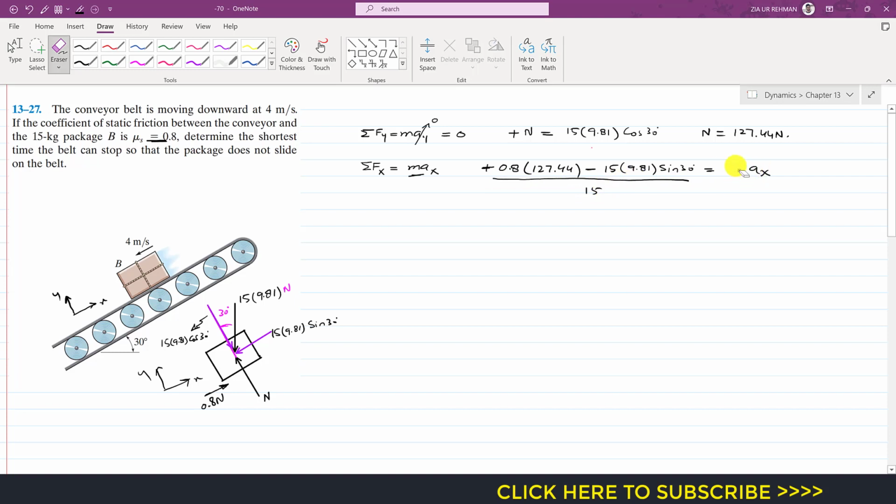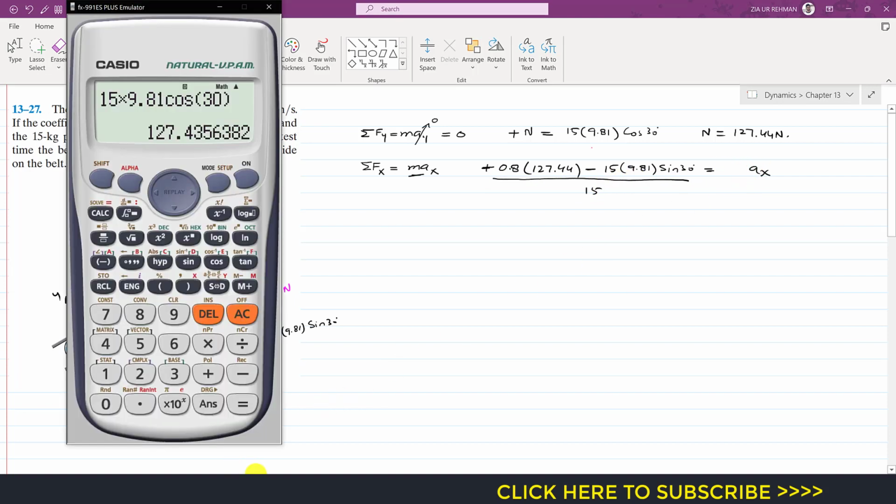If I divide both sides of the equation by 15, we will get the acceleration of this package B. So this is 0.8 into 127.44 minus 15 into 9.81 sine of 30 degrees, divided by 15.